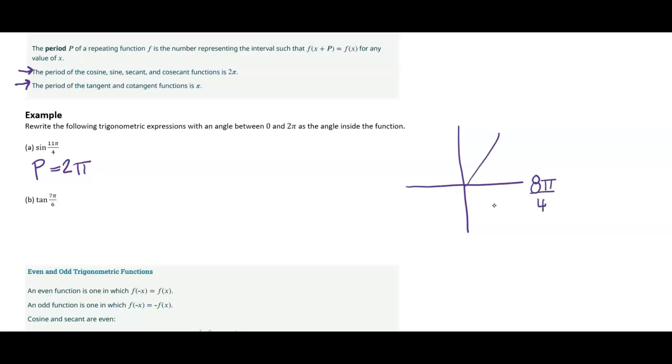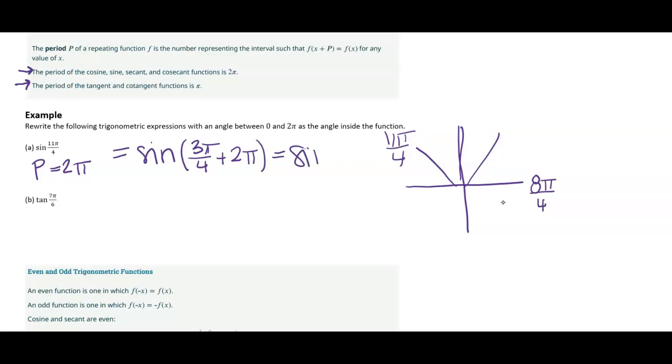So I need to go 1, 2, 3 more to get to 11 pi over 4. So this is the same as saying sine of 3 pi over 4 plus 2 pi, where that's the period. So then that's the same thing as sine of 3 pi over 4.